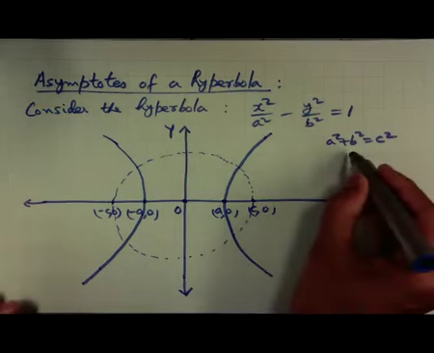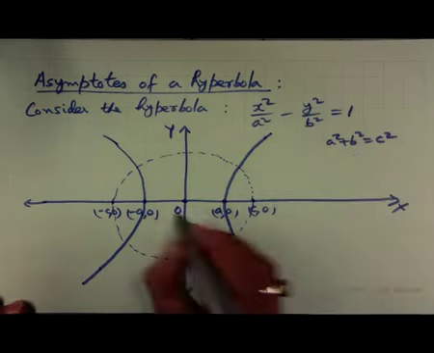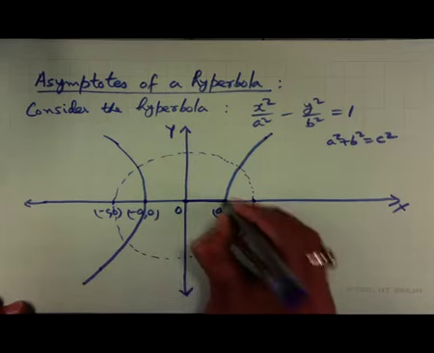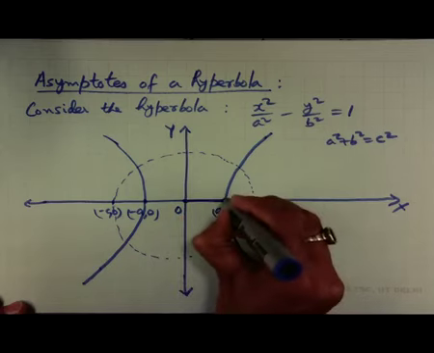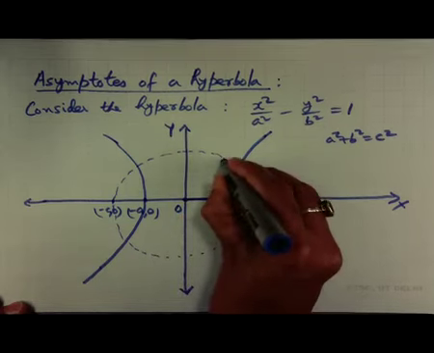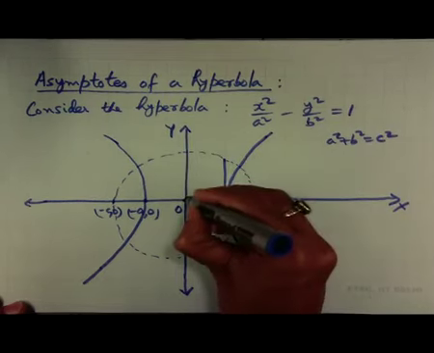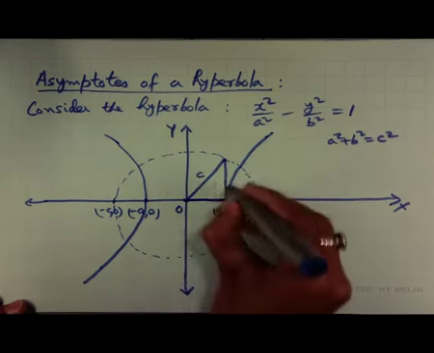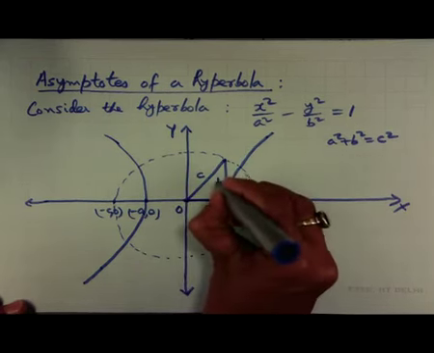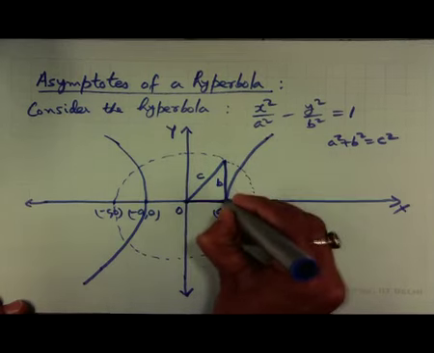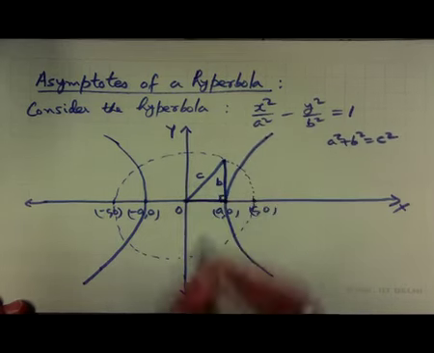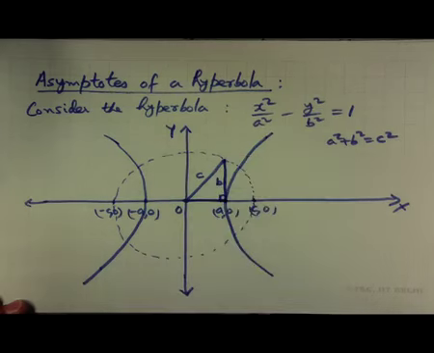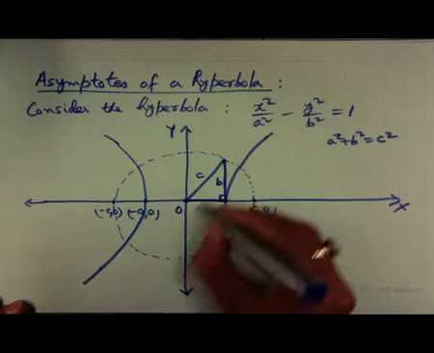Now, a square plus b square equal to c square. So, if I draw a right angle triangle where this length is a and then the perpendicular is here, this length is the radius of the circle, c. So, you can see here that the height of this right angle triangle is given by b. So, b is this length. Now, let us look at this straight line.